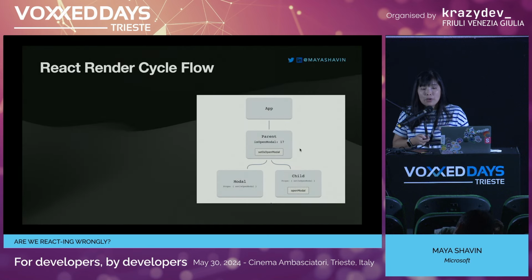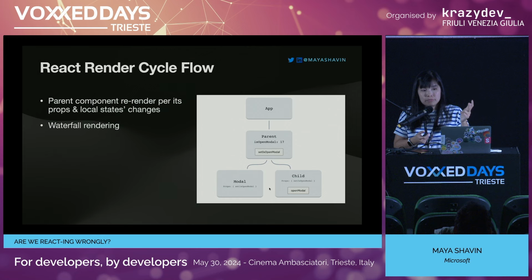Okay, so now if isOpenModal changes, whether by a child or even the parent doing it, what happens here is that the parent, modal, and child are all re-rendered, because it's the local state of the parent. When the local state changes, the parent re-renders, and the child also re-renders. This is waterfall rendering, or we can call it the lift-up-state problem.